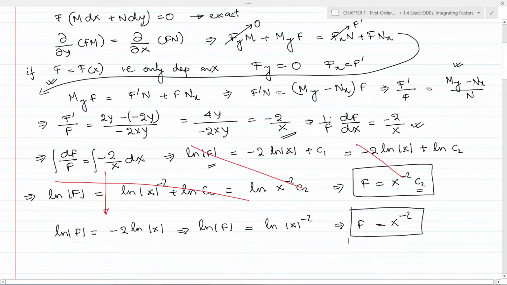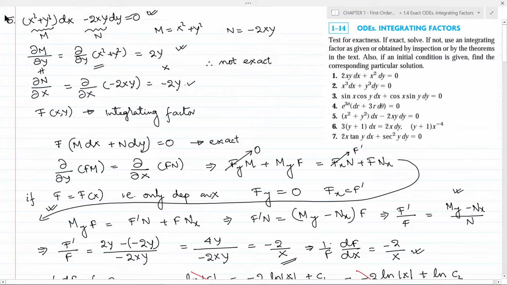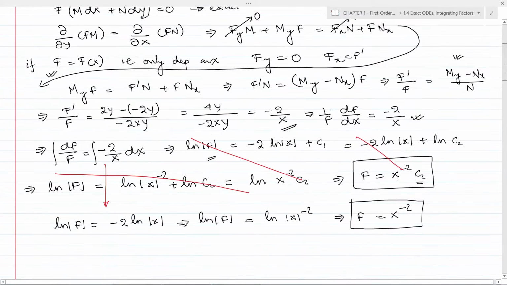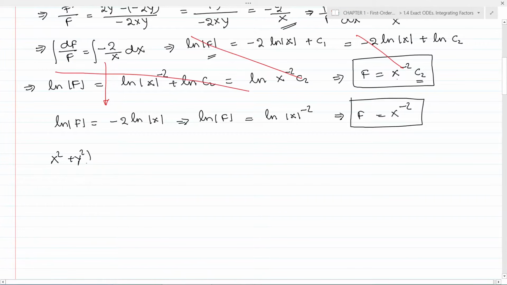Now, if we multiply this x to the power minus 2 to the non-exact differential equation, then that would reduce it into an exact differential equation, and we know how to solve that exact differential equation. So, (x square plus y square) dx minus 2xy dy equal to 0, and this is a non-exact differential equation.